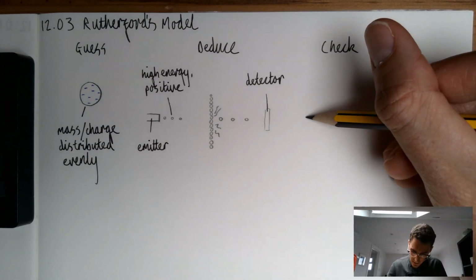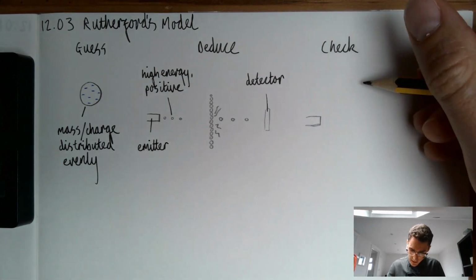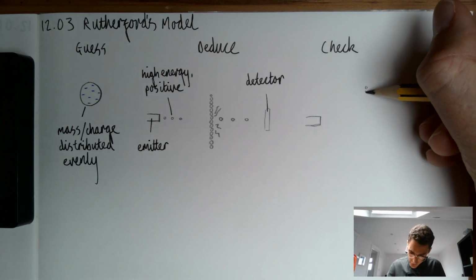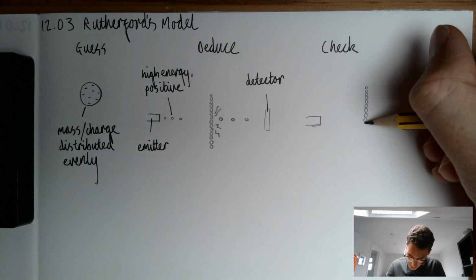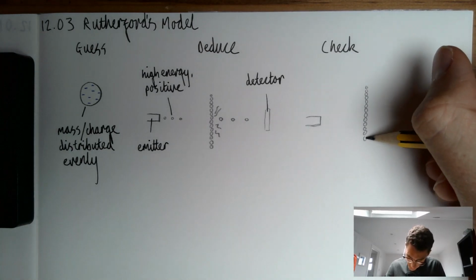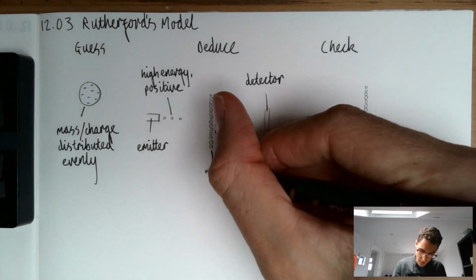Because this is where, when we actually look at what Geiger and Marsden did, if we draw the gold foil here, and I've just realised perhaps I should have labelled that. So I'll do that in the previous one. You might want to label this as the gold foil.